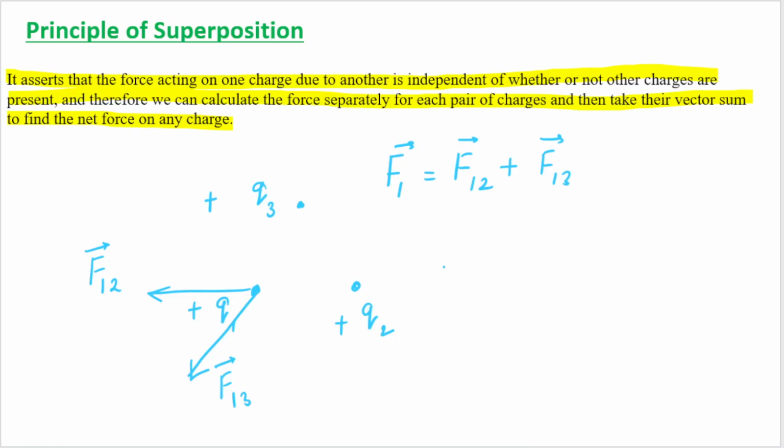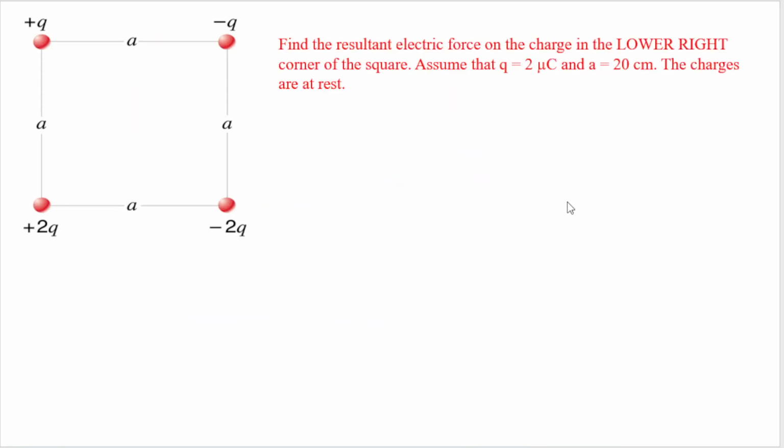Now let us look at an example to cement this idea. On your screen, you can see there are four charges. They are placed at the corners of a square, and we have been asked to calculate the net force on this particular charge.